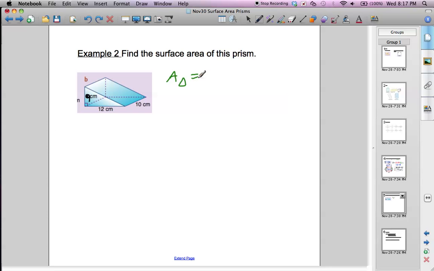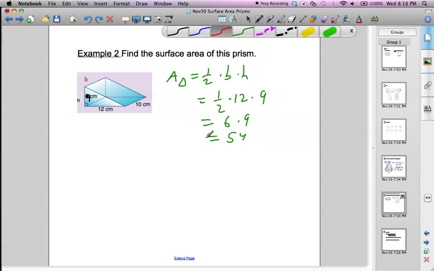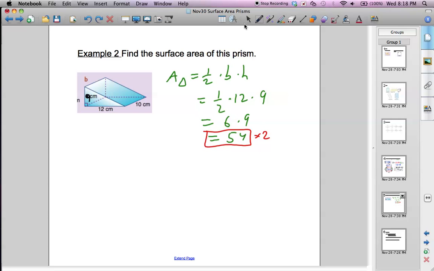The area is half times base times height, and the base is 12, the height is 9. Half of 12 is 6 times 9, we get 54. That's the area of one of those triangles. Later we'll have to multiply by 2 because there's 2 triangles.